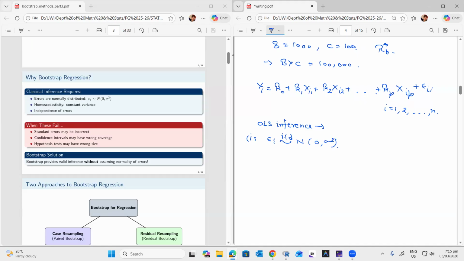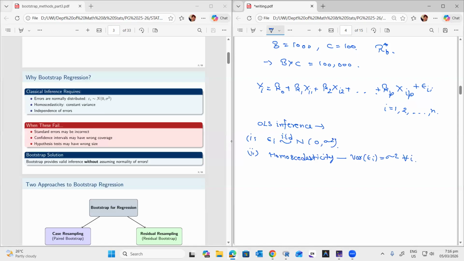Second, the data should be homogeneous, meaning homoscedasticity: the variance of epsilon i is constant for all i, it should remain the same, sigma square.